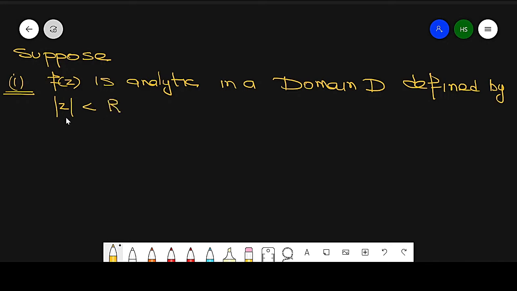It means it is a circle with center origin and radius capital R. So this is statement number 1. So part 2, this function is bounded. First condition is analytic.